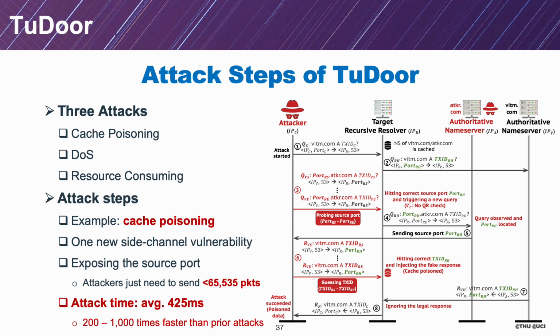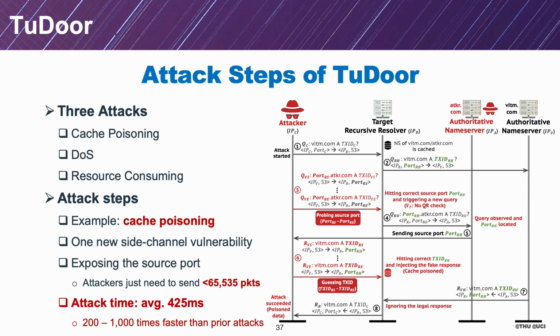So if the attacker wants to probe this port, he or she can embed the target port number in the query name, the domain name, and just wait for queries on the authoritative server. So if they can observe this query, they can locate the source port and then just brute force the TXID to inject the fake responses.